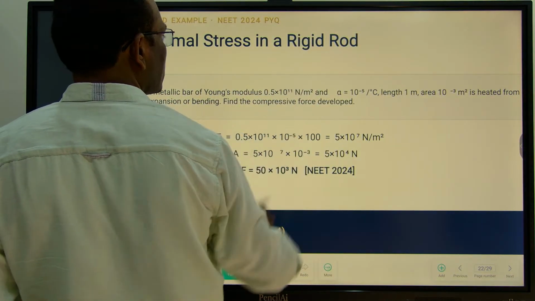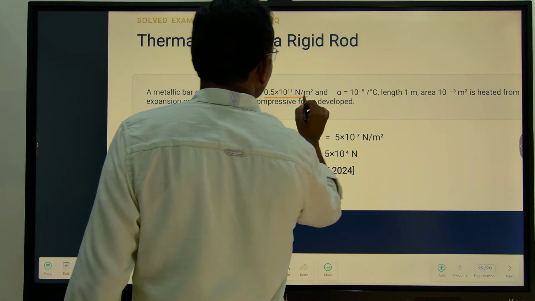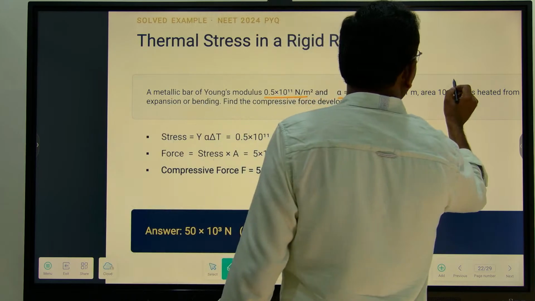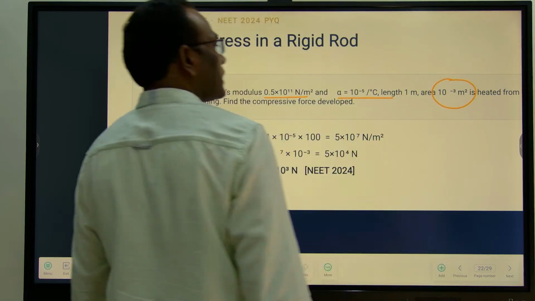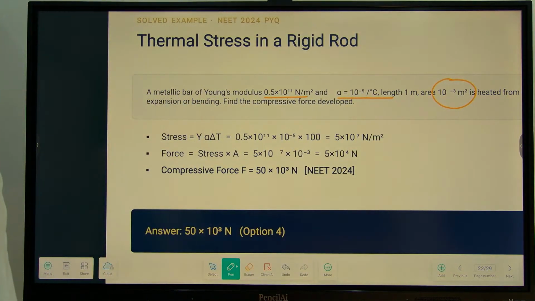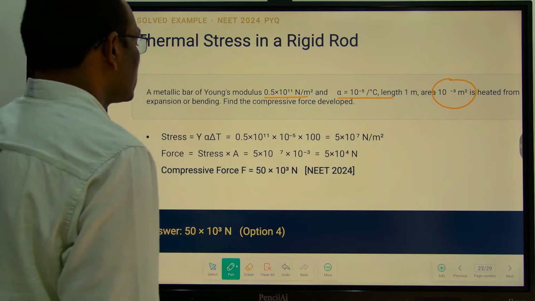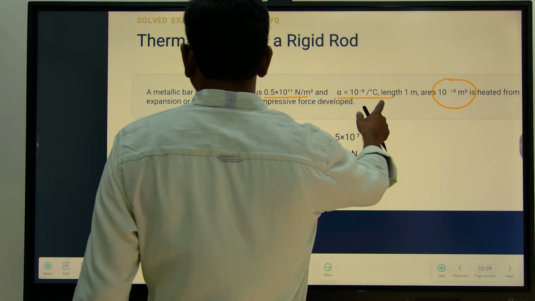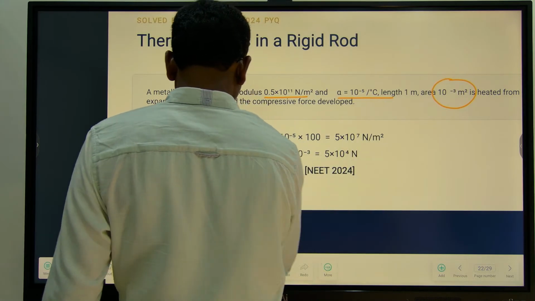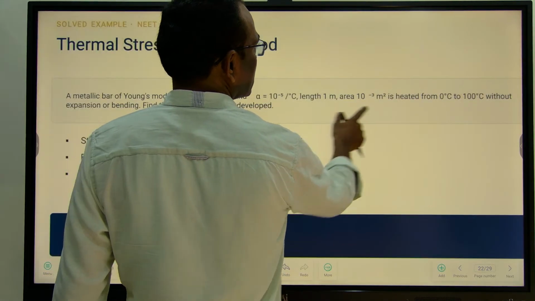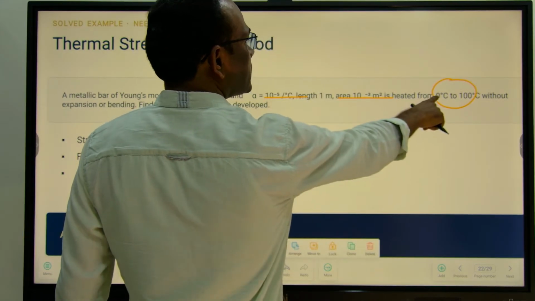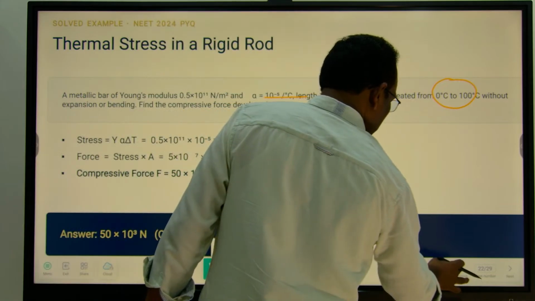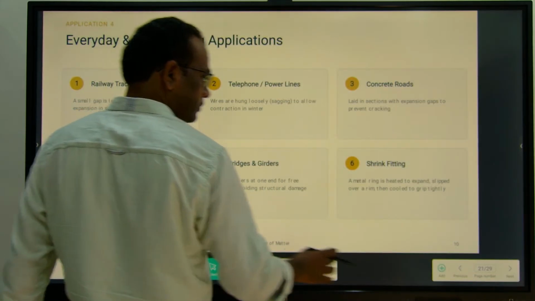Young's modulus is given, it is the alpha value, and area also given. F is asked. What is the change in temperature? 0 degrees Celsius to 100 degrees Celsius.